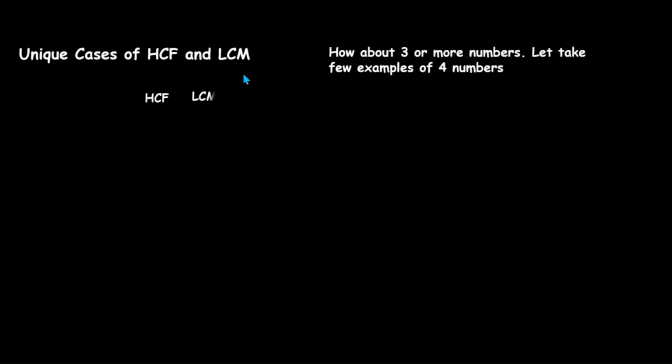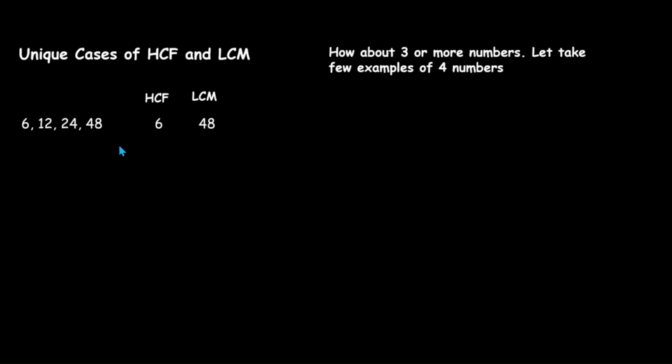Let's take a few more cases of HCF and LCM and see if there are any other simple ways. This time let's pick four numbers. Here is our first set: 6, 12, 24 and 48. 6 is a factor of itself, and it is also a factor of 12, 24 and 48. So between them, 6 would become the highest common factor.